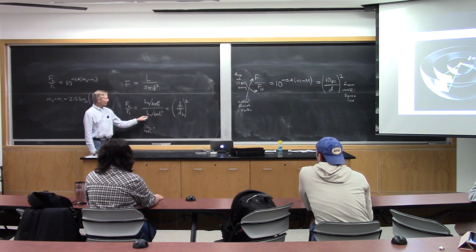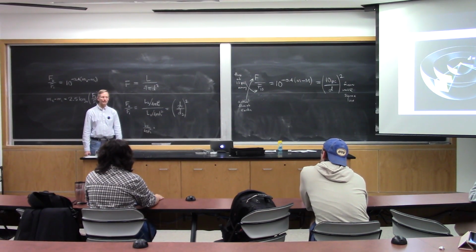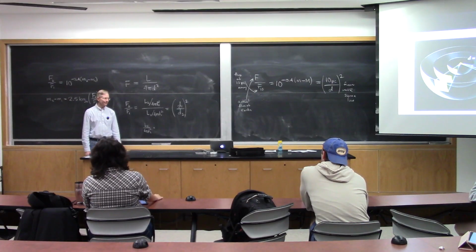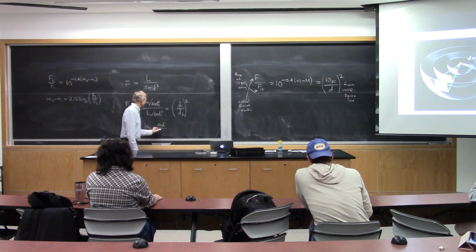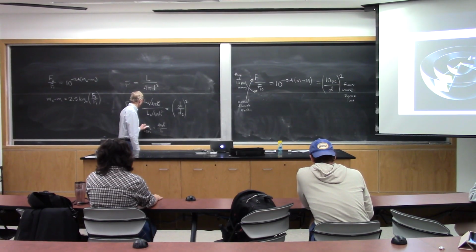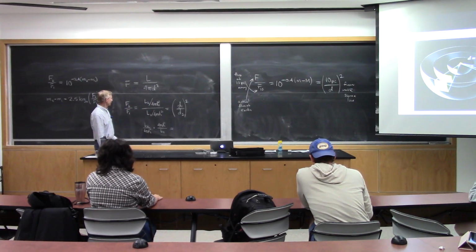Dividing by L1 over 4 pi D1 squared is the same as multiplying by 4 pi D1 squared over L1.